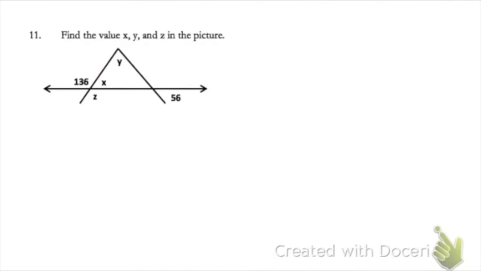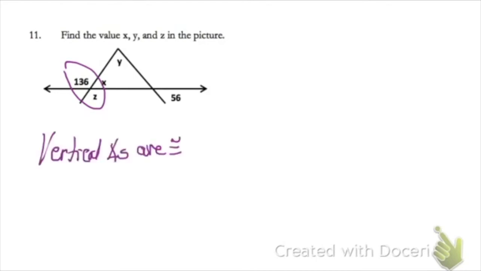On problem 11, find the value of x, y, and z, and these are all angles. We'll notice that across from angle z is 136 degrees. Those are vertical angles, and therefore congruent, because all vertical angles are congruent. So angle z equals 136. Well, would you agree that angle z and angle x form a linear pair?